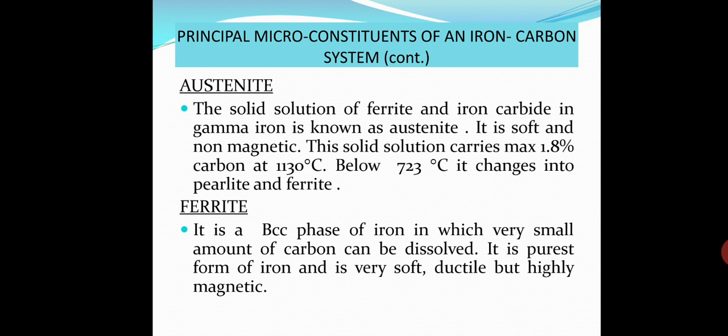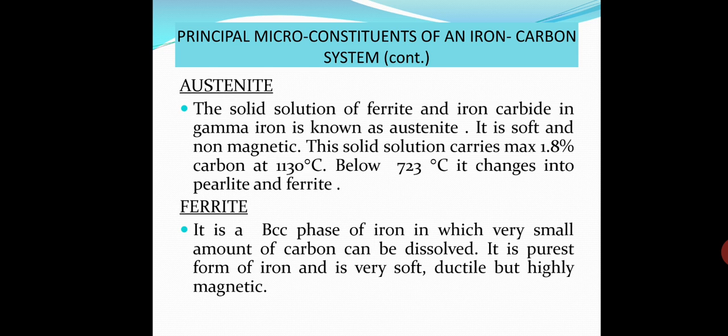So, austenite is nothing but a solid solution of ferrite and iron carbide in gamma iron. It is soft and non-magnetic, and this solid solution carries maximum 1.8% carbon at 1130 degrees centigrade.